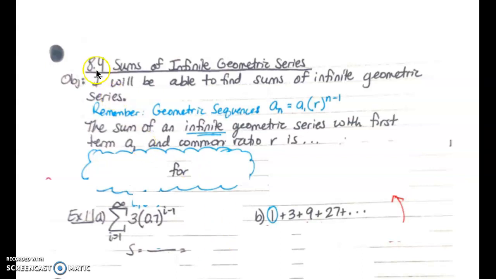Okay, so let's get started. In 8.3, we talked about finding the sums of finite geometric series, the series that have an end, the 20th term or the 50th term, up to the 10th term, whatever the finite number was. 8.4 is about finding the sums of infinite geometric series. Yes, infinite, meaning that they go on and on.